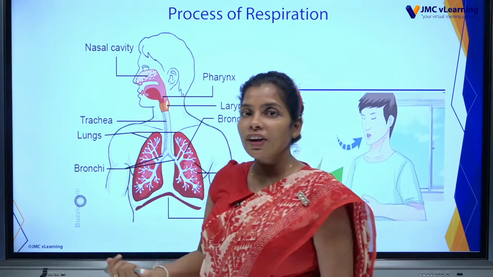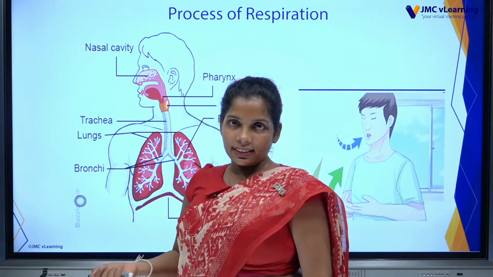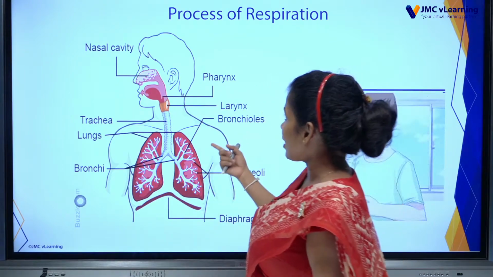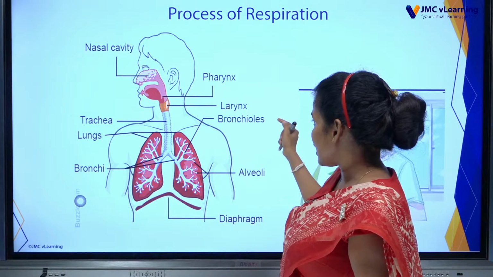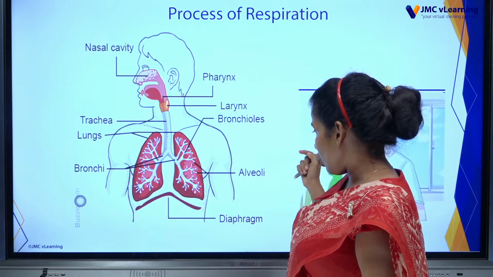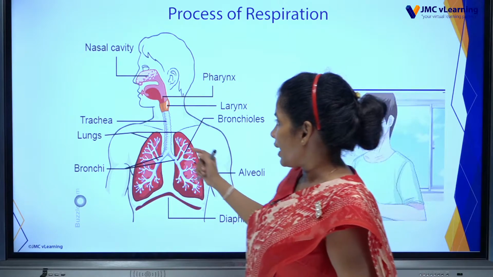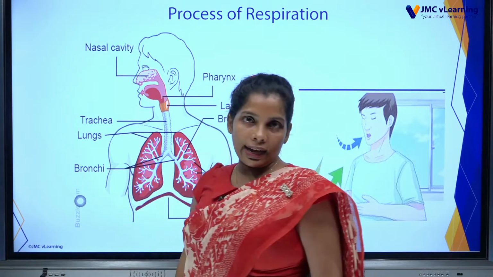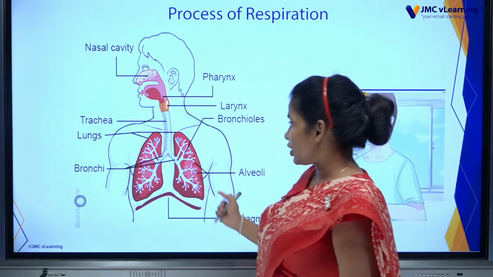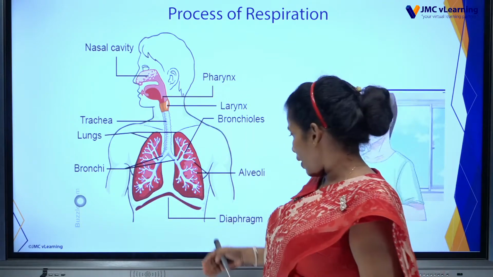Now we are moving to the respiratory system. Those are the main parts of the respiratory system: nasal cavity, pharynx, larynx, bronchioles, alveoli, diaphragm, and here this one is the trachea, lungs and bronchi. Now we are going to move to the functions of those parts.